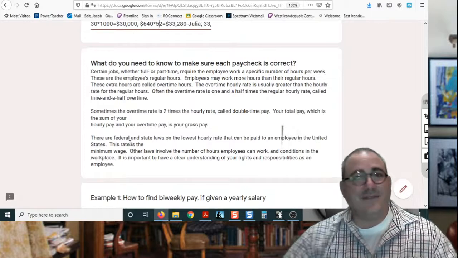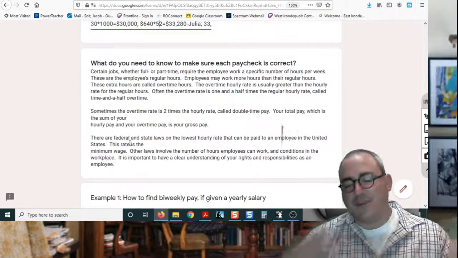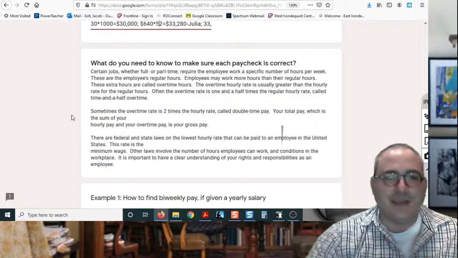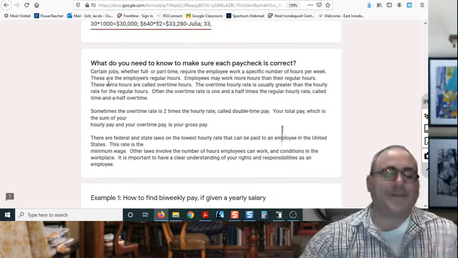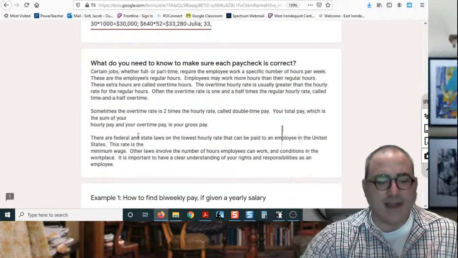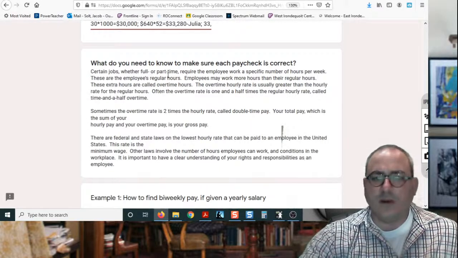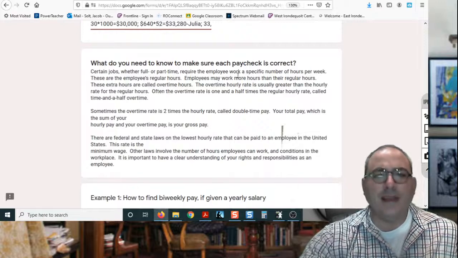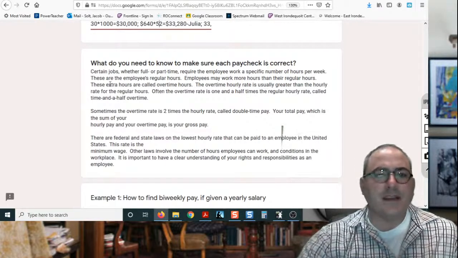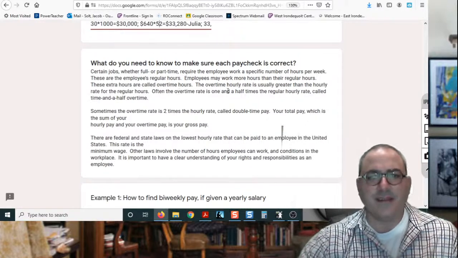So next, again, if you want to skip past this, read this on your own. I completely understand. I'm going to read it for those who just like to hear things out loud, and that's okay. Again, what do you need to know to make sure each paycheck is correct? Certain jobs, whether full or part-time, require the employee to work a specific number of hours per week. These are the employee's regular hours.